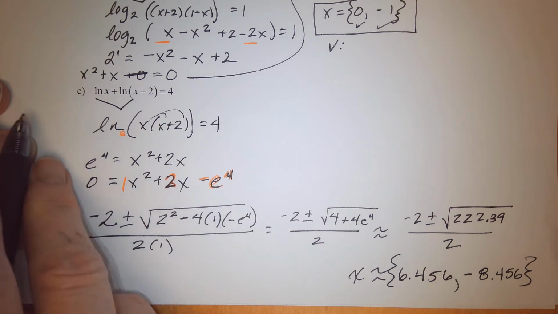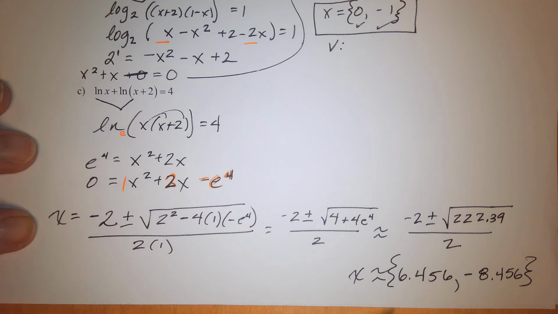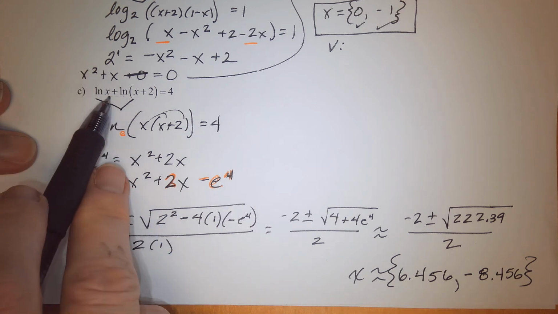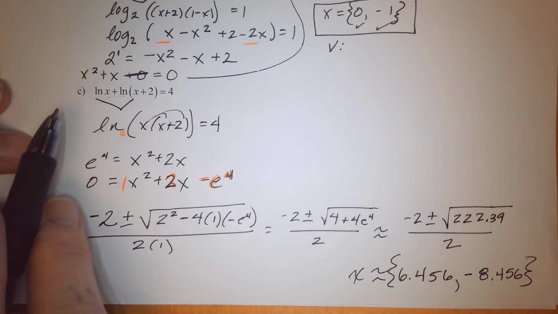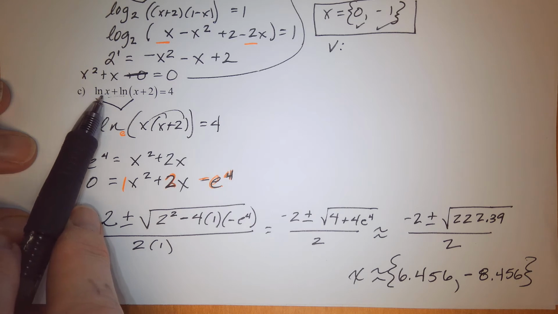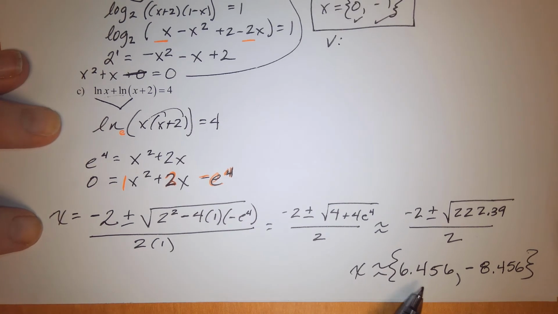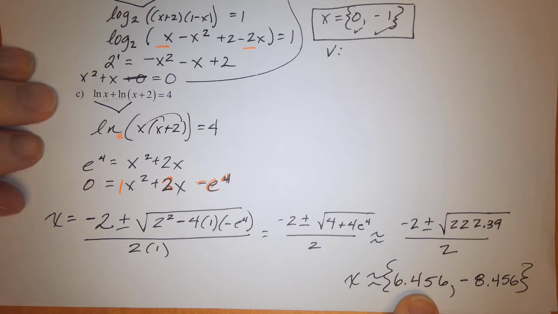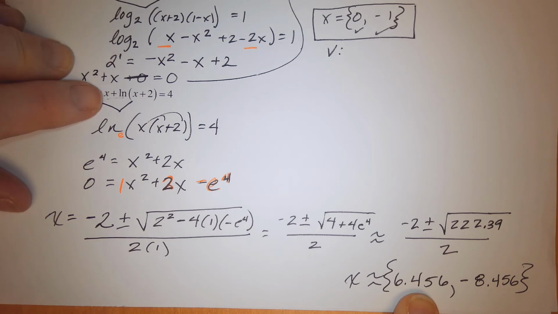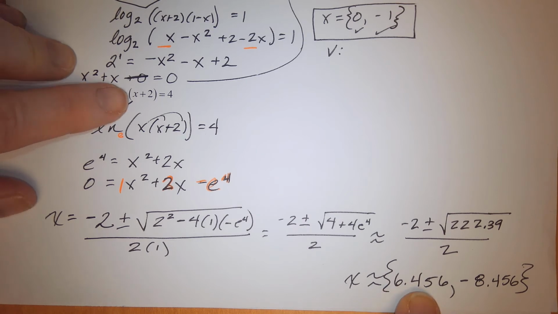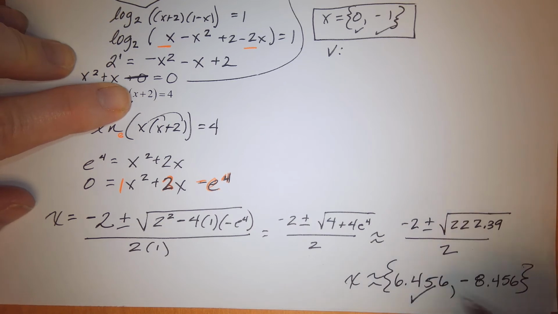But don't forget, we need to check both answers. So let's go back up to the problem, and we need to make sure that both of these numbers leave positive arguments. The first argument is x. When I plug 6.456 into this argument, it's positive. When I plug 6.456 into this argument, it's also positive. So this solution checks out.